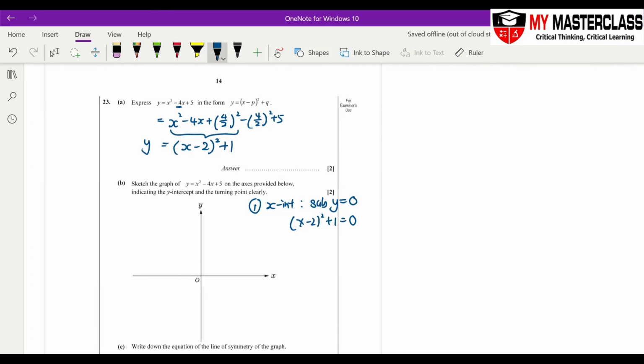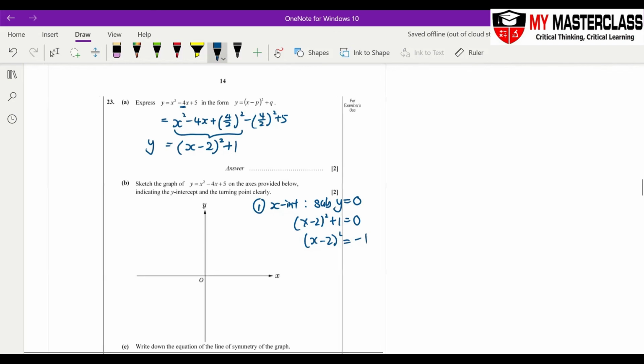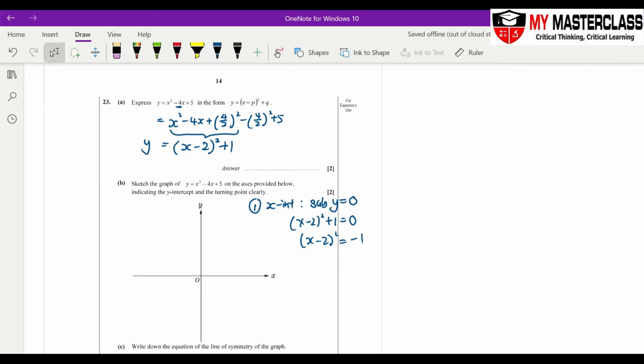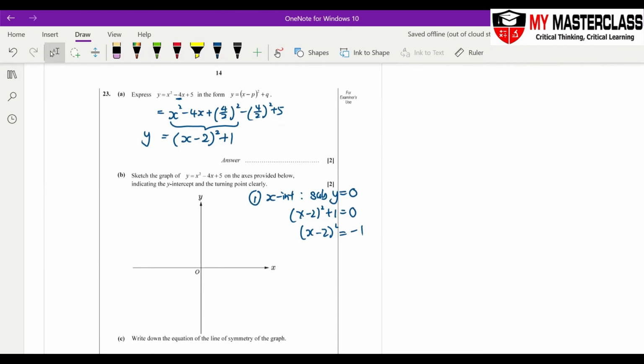And all of you are taking EMath, right? You must know that when you square something, it will always be positive. Minimally, it will be 0. 0 plus 1 is 1. It cannot be 0. If not, then you do another step: x minus 2 squared equals negative 1. Can you have a square number equals to negative 1? Cannot, because anything you square will become positive. So that's why there's no x-intercept. Okay, so there's no x-intercept, NA.